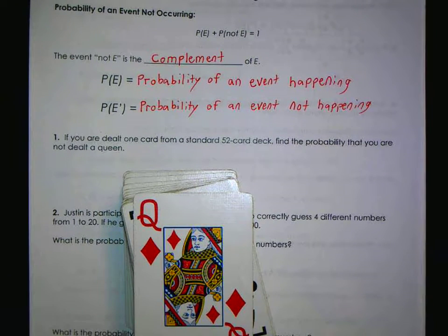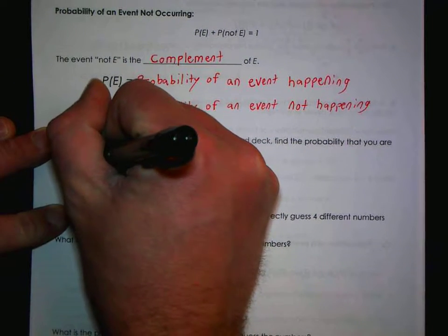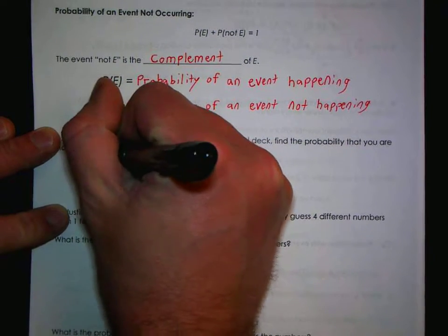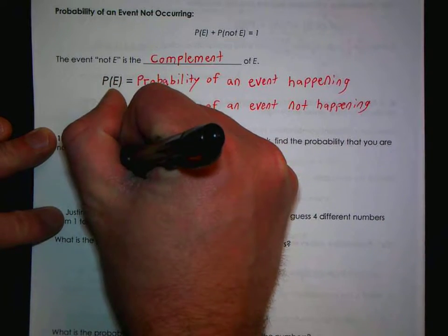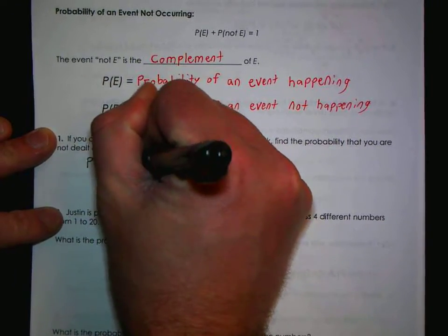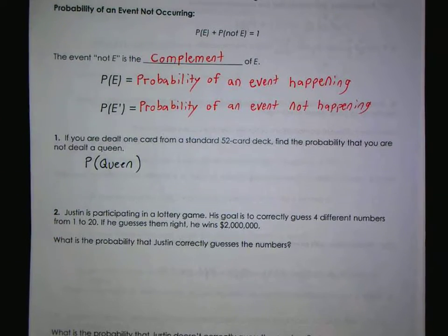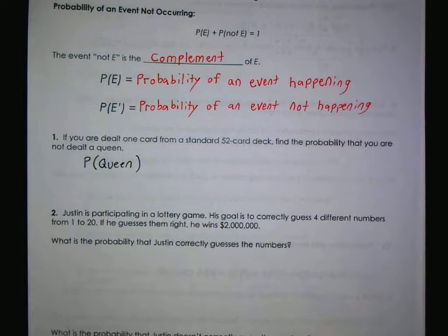Well, what we could do is, what's the probability of getting a queen? Probability of a queen. That's what that means. P and in parentheses, that means probability of getting a queen.